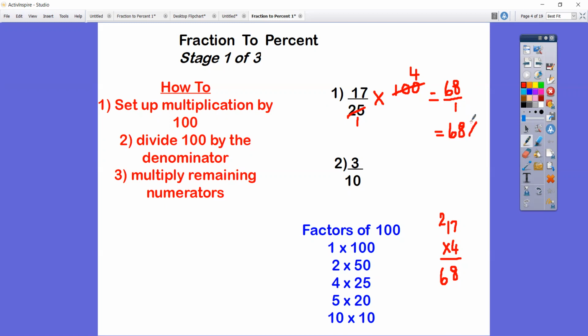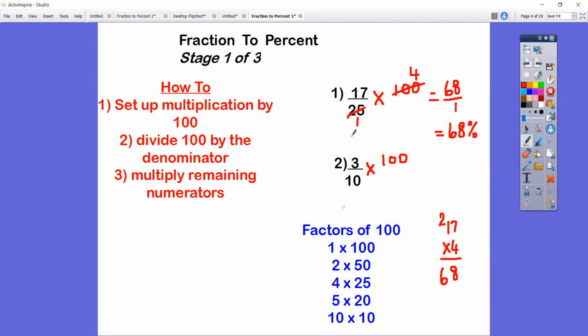All right, let's try another one. We have 3/10. Do you remember what is step 1? Step 1, we're going to set up a multiplication by 100. I'm going to stop a second. Let that sink in. That is step 1.